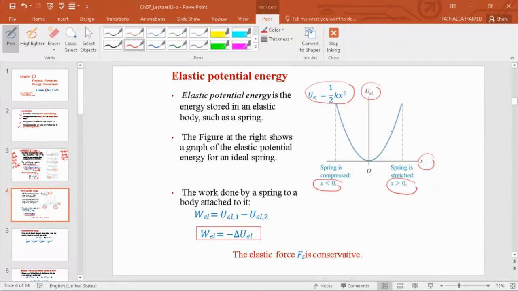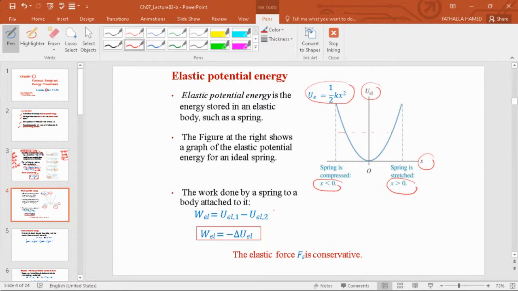So regardless of whether x is positive or negative, the value of your elastic potential energy is going to be positive, and you get this parabolic shape for the 1/2 kx squared here.